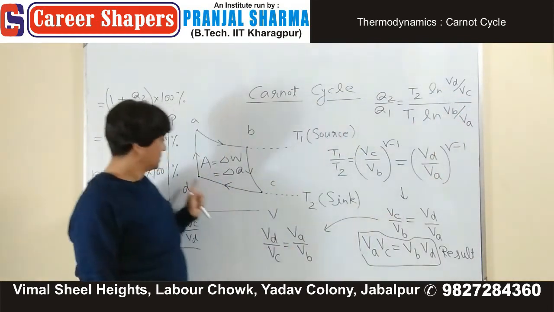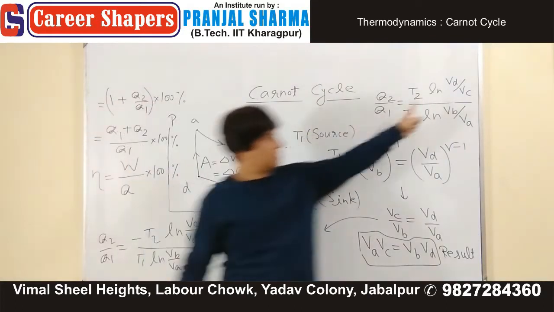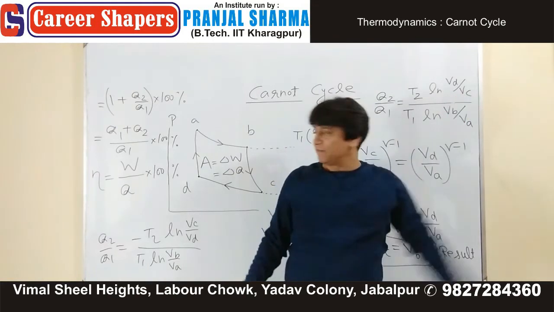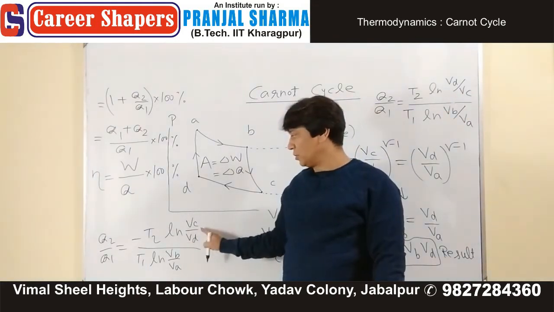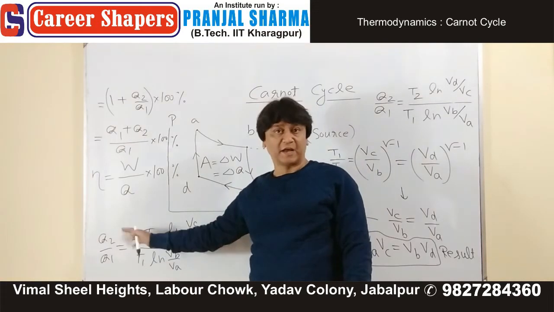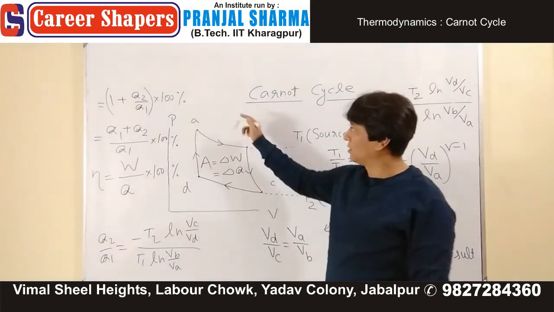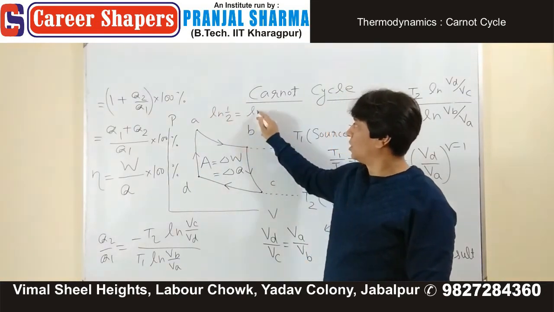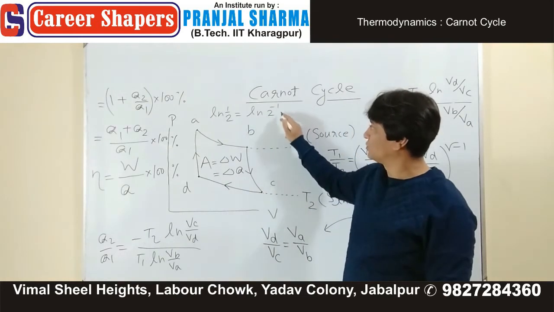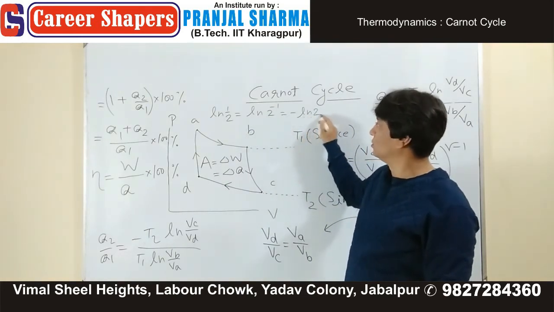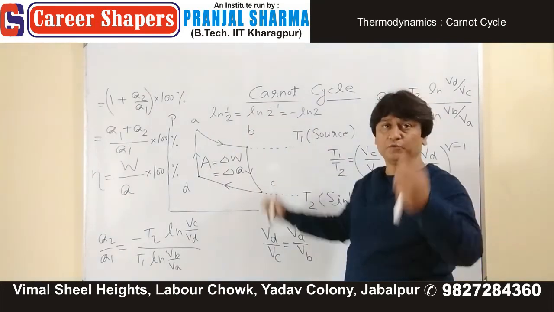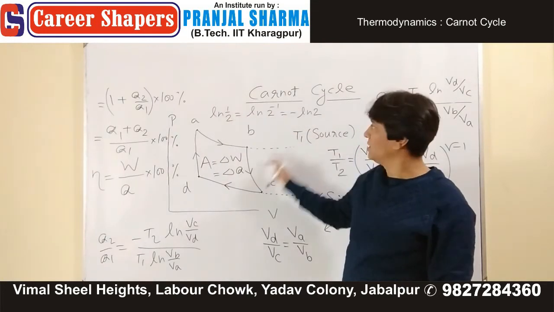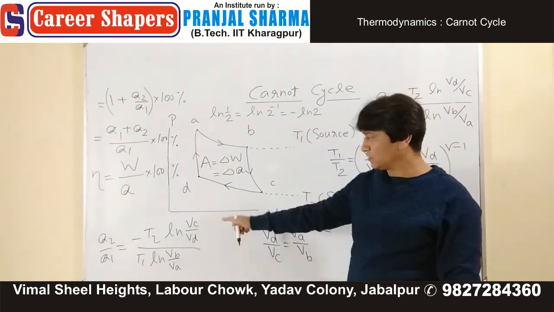VD is less than VC, so the number was less than 1. Log of something less than 1 is negative. What we have done is taken the reciprocal of the whole thing and taken the negative sign out. This is the property of log. Log of 1 upon 2 is log of 2 to the power minus 1, which is minus of log 2. A relation which I think you already know. So when this is 1 by 2, you can write it 2 upon 1, but take the negative sign out. So that's what we have done.